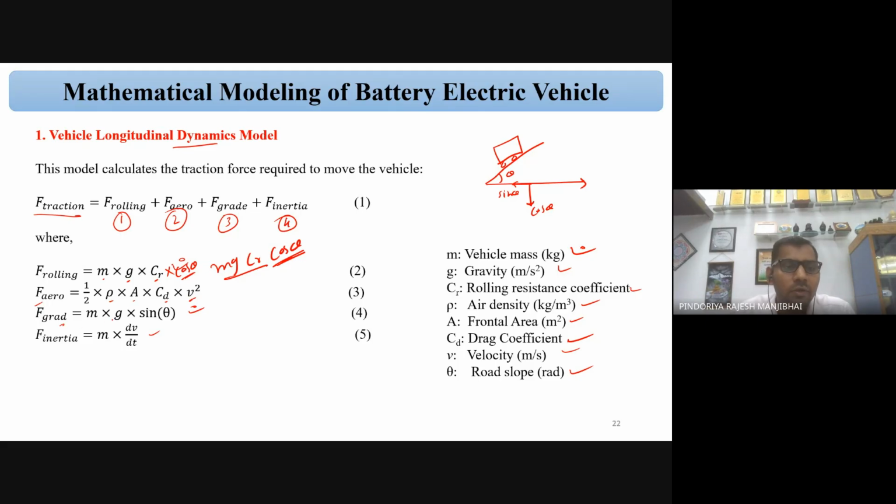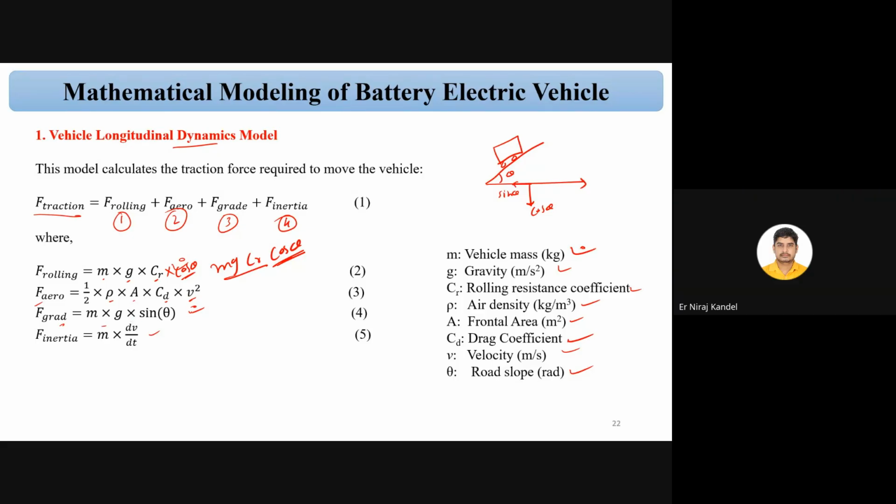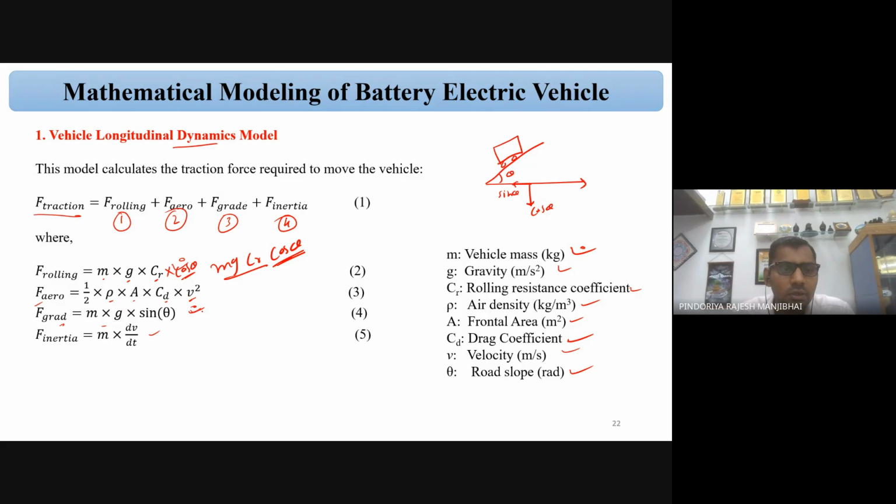And the gradient force is m g sin theta, correct? Yes, sir, the gradient force is correct. So I will change it while I send the lecture notes. The rolling force is m g Cr cos theta. Okay, just one minute, I will confirm also.